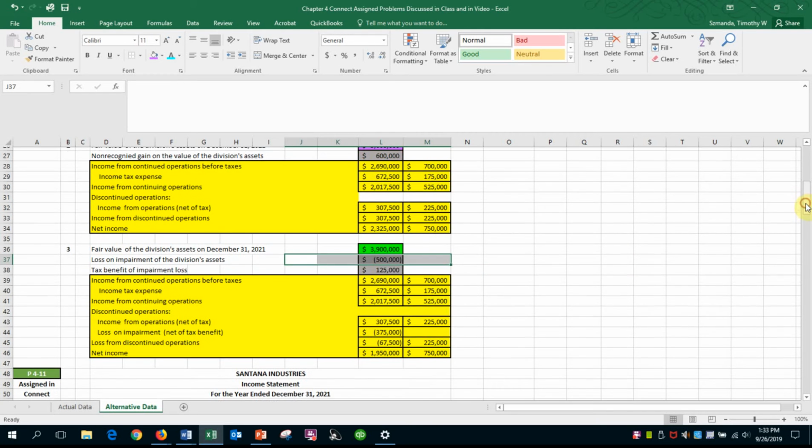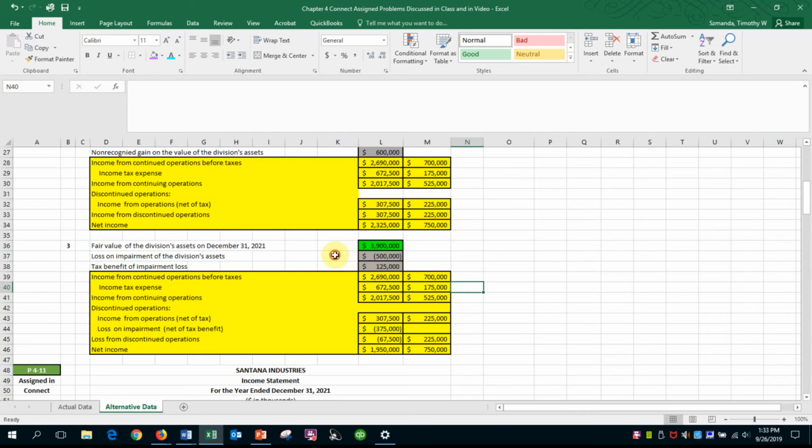Another characteristic of part 3 is that there is a tax benefit to this loss. So when we go down to the discontinued component and we're looking at what has changed, well, income from operations hasn't changed, but what has changed is this $500,000. So the after-tax cost of this loss is only $375,000, which is 75% of $500,000.